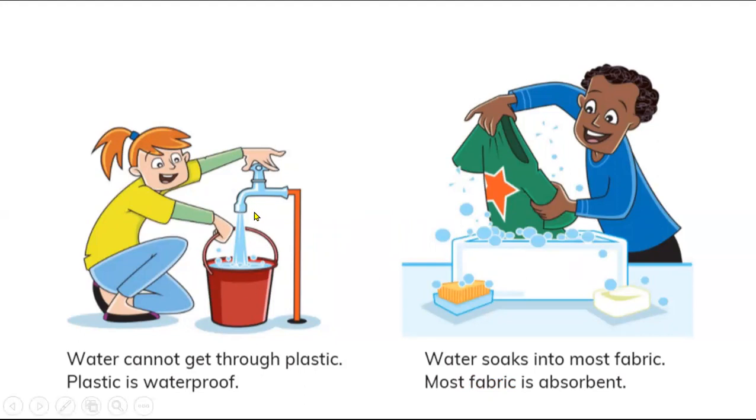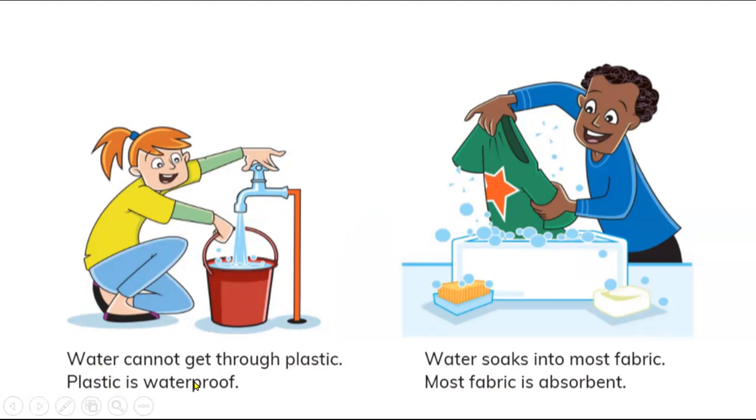Let's move on to the water. This girl is opening the knob, right? And she's filling the bucket. So the water cannot get through plastic, right? This plastic, can you see the red bucket? This bucket is made of plastic. Plastic is waterproof.